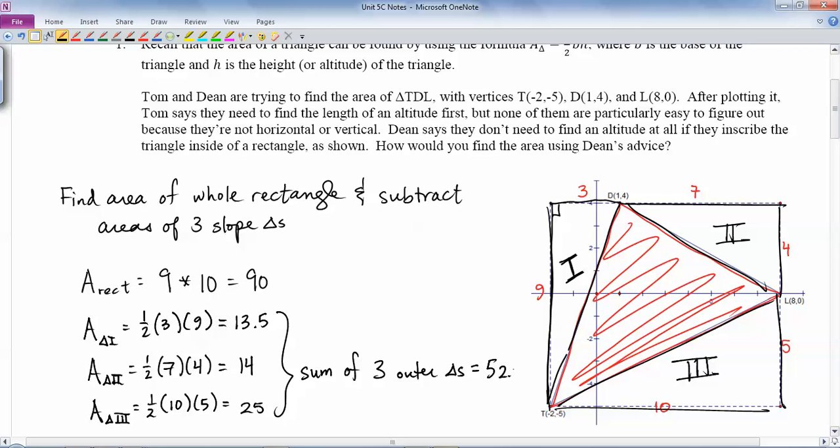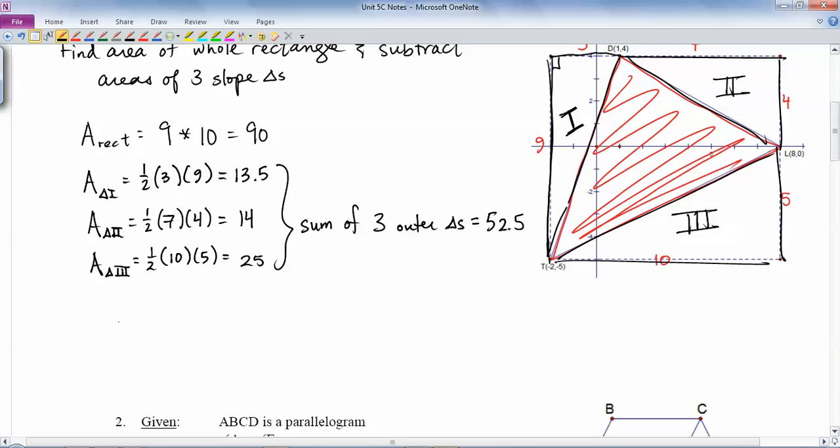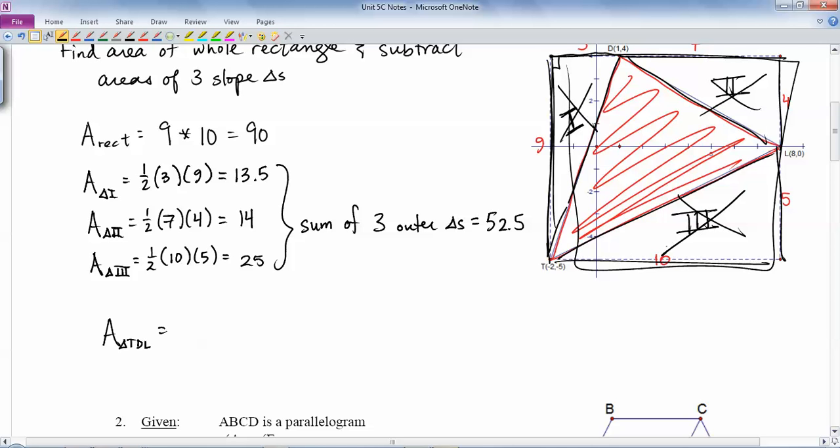That's 52.5. So that means that the area of the triangle in the middle, TDL, is going to be the whole area, which was 90, minus these 3 areas on the outer parts. So it's 90 minus 52.5, which ends up being 37.5.